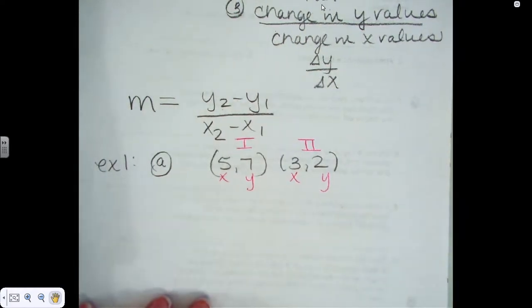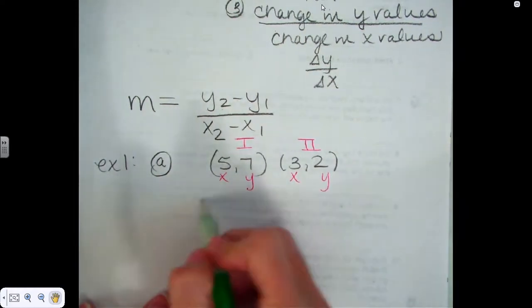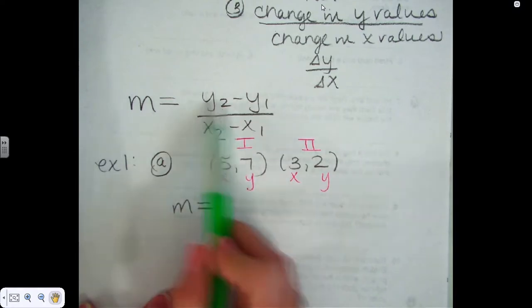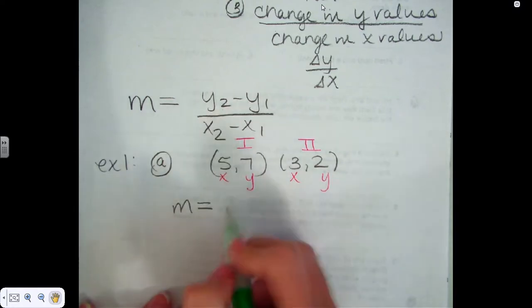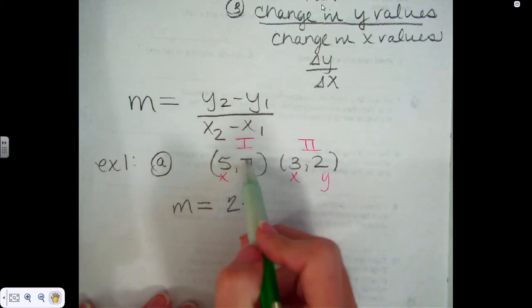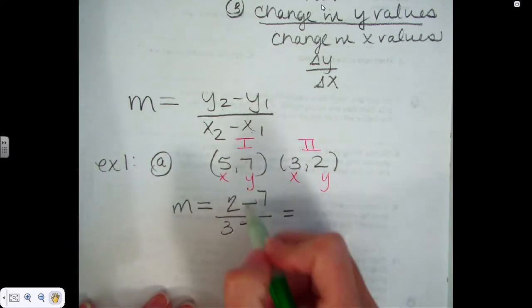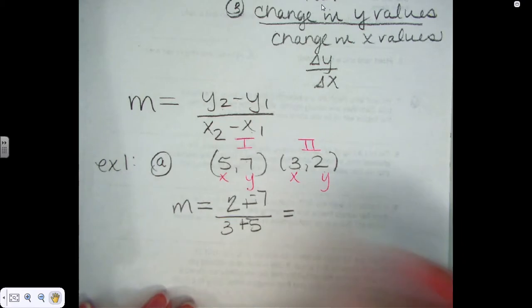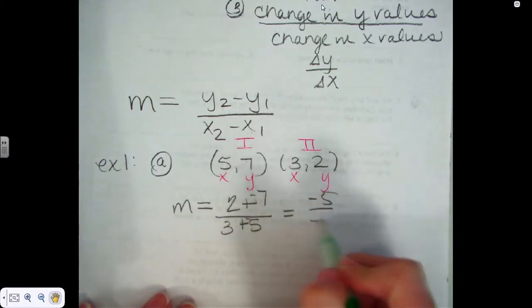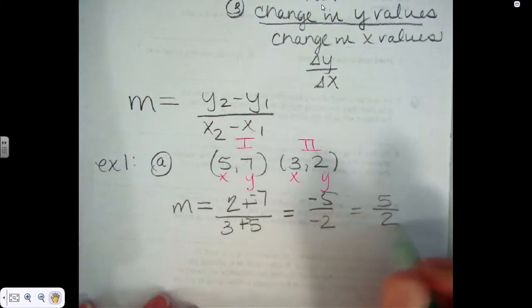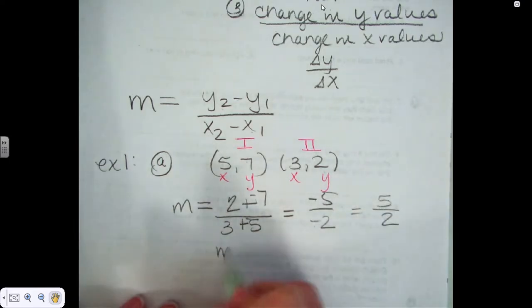So now I'm just taking the information and plugging into my formula. y of my second point is 2, minus y of my first point, which is 7, over x of my second, minus x of my first. Now this is just an addition problem. I get negative 5 over negative 2, and a negative over a negative is a positive. So my slope is 5 over 2.